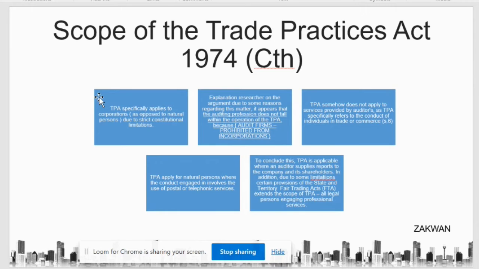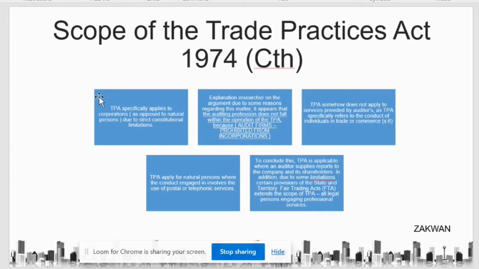TPA somehow does not apply to services provided by auditors, as TPA specifically refers to the conduct of individuals in trade or commerce, which has been explained, referring to Section 6.